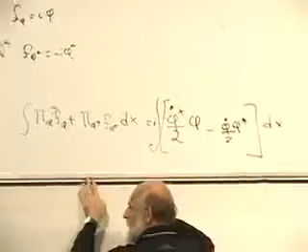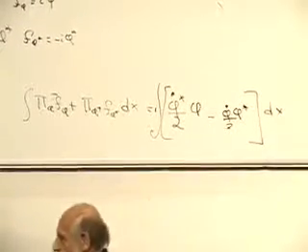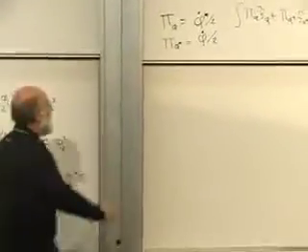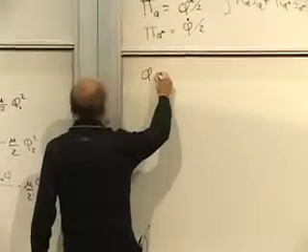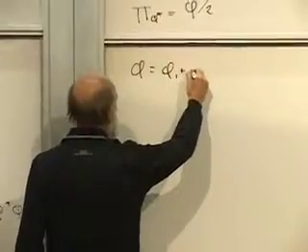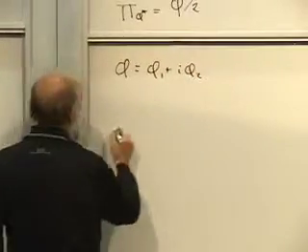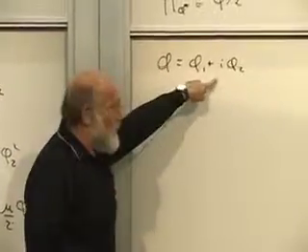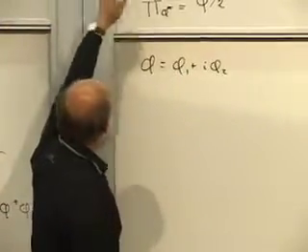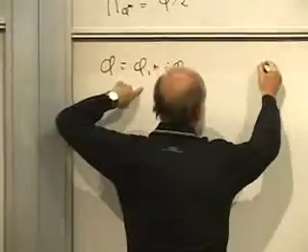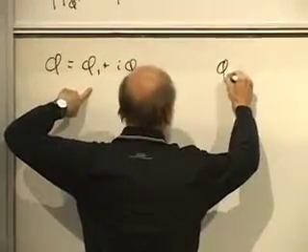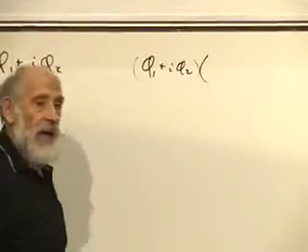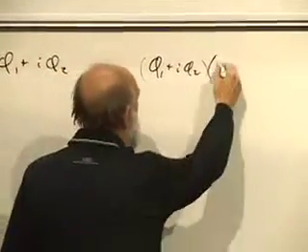Let me just derive it another way which doesn't make use of this fancy complex notation. Let's write phi is equal to phi 1 plus i phi 2. And now, again, I'm going to multiply. Let's see what happens to phi 1 and phi 2 under this transformation. Let's just do it. Phi 1 plus i phi 2 gets multiplied times e to the i epsilon, which is 1 plus i epsilon.